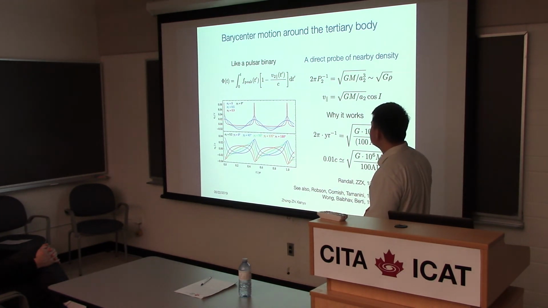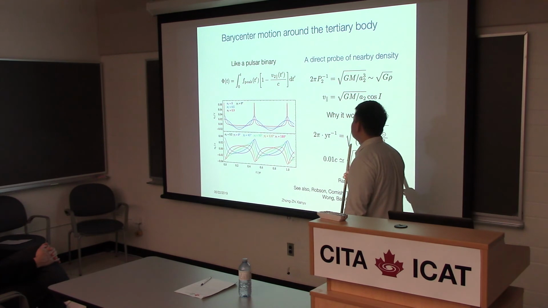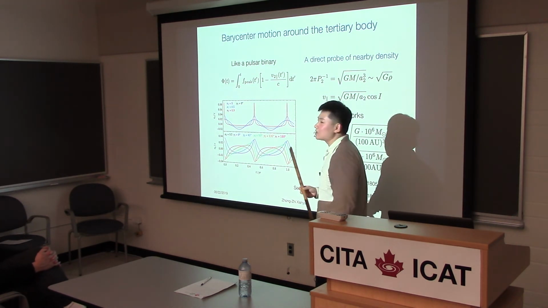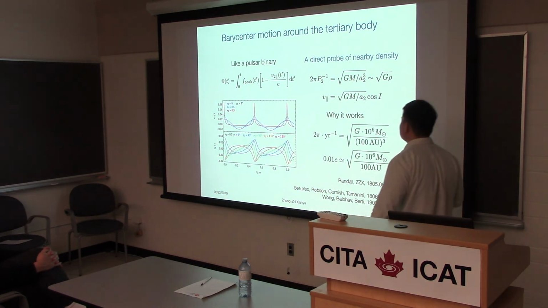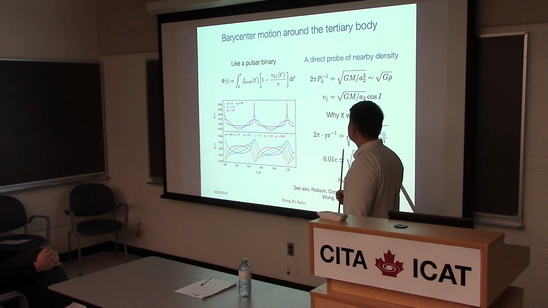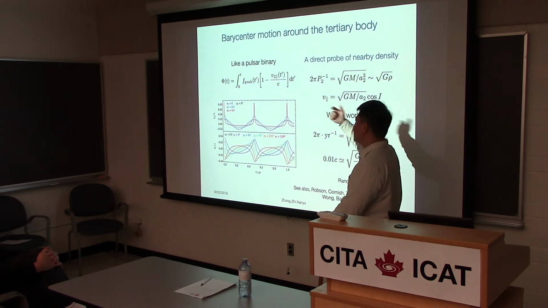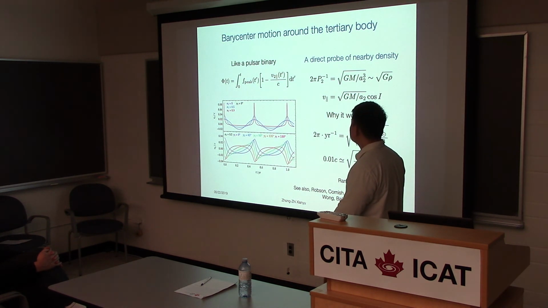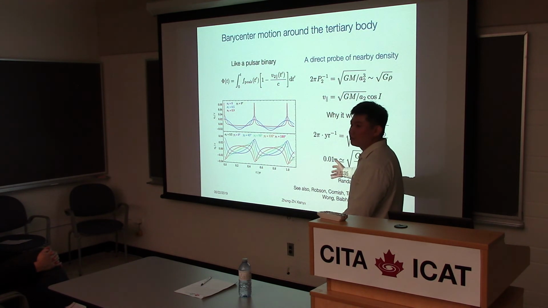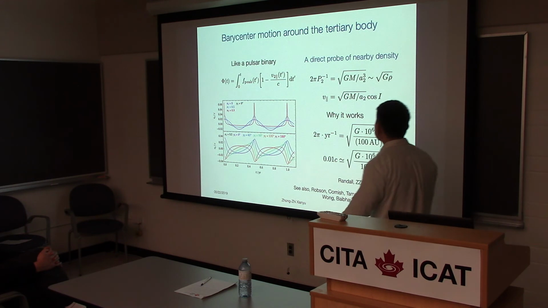So if you monitor the frequency of the gravitational wave as a function of time, you can do a similar observation like you do for binary pulsars. Here, the binary system will look like the pulsar you are looking at, emitting pulses. And the third body will be like the invisible counterpart of the pulsar.